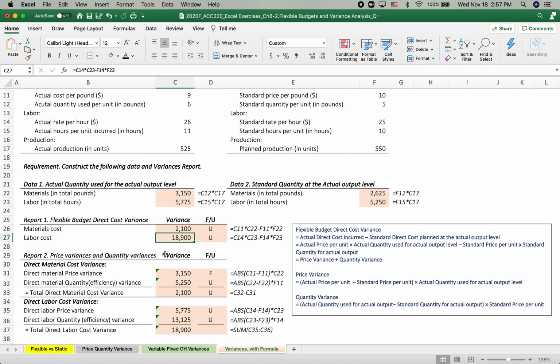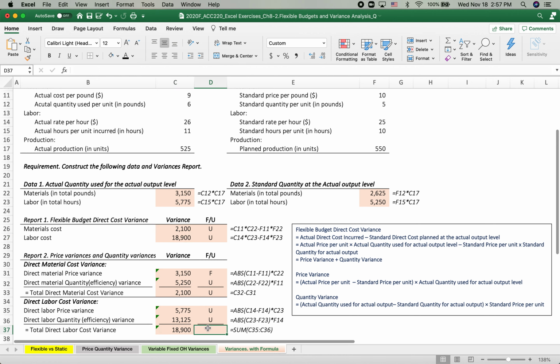So we got 18,900, exactly the same as this, and this 18,900 came from 5,775. The price variance is unfavorable. That means that the company hired very expensive direct labor, but using this expensive labor, they used it a very long time, so they pay a lot.